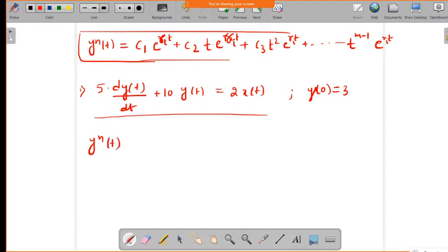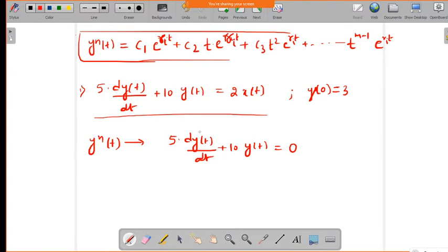Whenever the input is 0, we get the natural response. So take this differential equation and put input x of t equal to 0. You will get 5 into dy of t by dt plus 10 into y of t equal to 0.